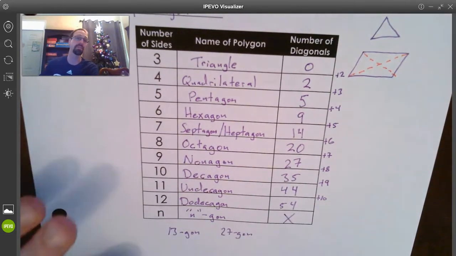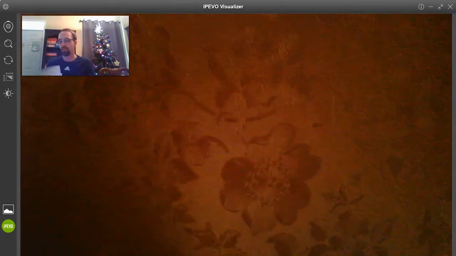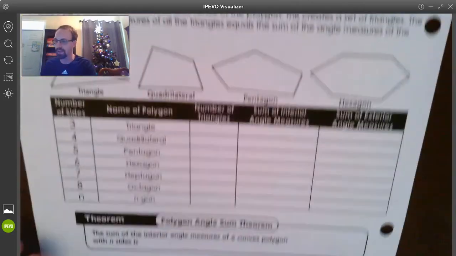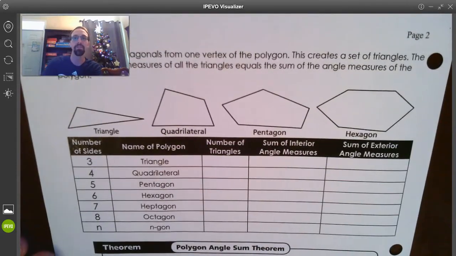And the diagonals depend upon how many sides it has. We'll be talking later about what we can use to determine that. Then what you have on this next page is drawing out all of the possible diagonals, and then we'll be jumping into the next part where it talks about naming the triangles.